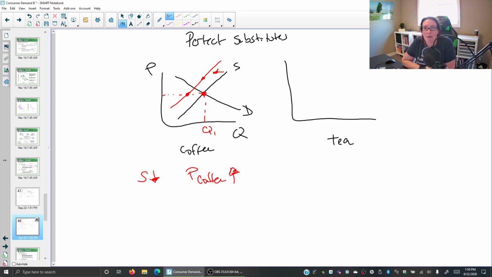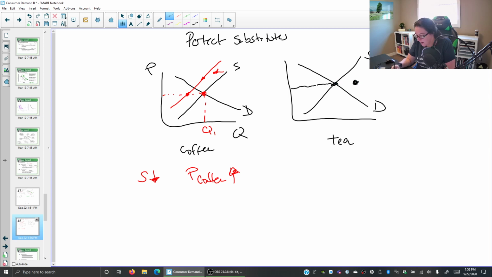Well, if coffee is now more expensive, what happens in the market for tea? Well, if we like coffee and tea equivalently, and coffee has gotten more expensive, what will happen? At the current price for tea, we are now willing and able to get more. Because all the times we would have had coffee instead, we're now going to get tea.